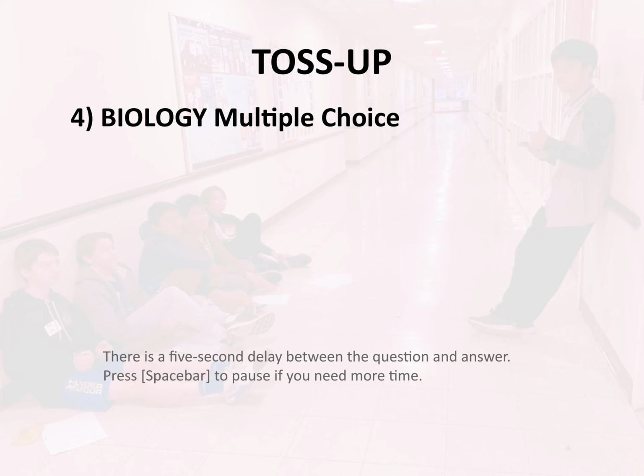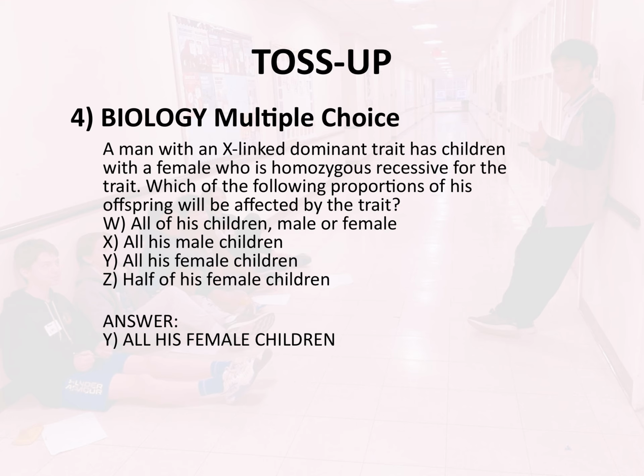W. All of his children, male or female, X. All his male children. Y. All his female children. Z. Half of his female children. Answer: Y. All his female children.